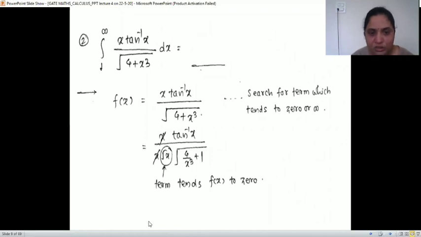Whatever power of x is inside the denominator, we'll try to write it outside. x cube is there, but it is within the root, so what comes out is x raised to 3 by 2, that is x root x. So there will be 4 by x cube plus 1, the x gets cancelled, and the term is tan inverse x upon root x into root of 1 plus 4 by x cube.